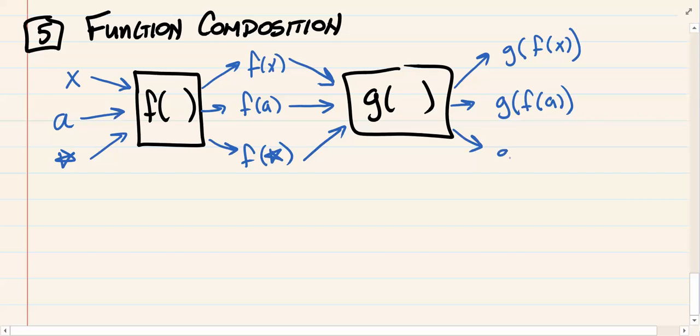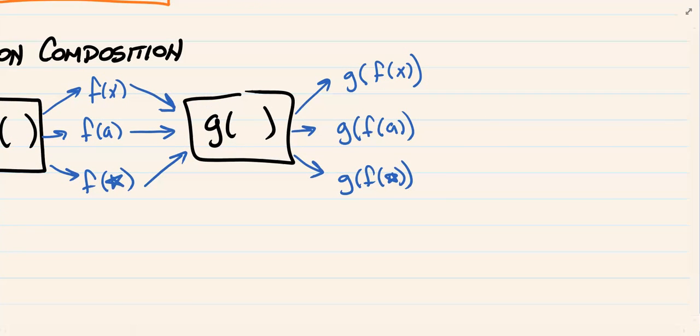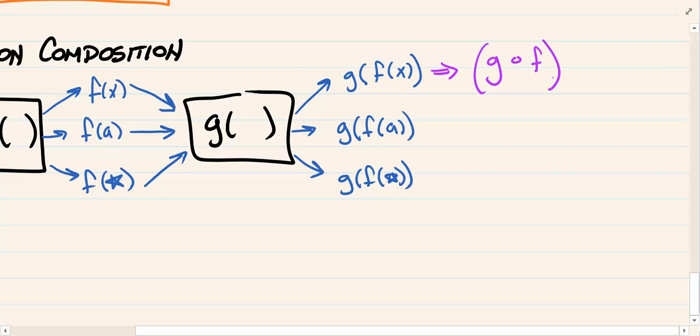Boy, it'd be sweet if there was a better way to write all those notations, and it turns out there is. We take this information and write it as g of f of x. That does not say "goff of x," even though it looks like it. It's g of f of x.